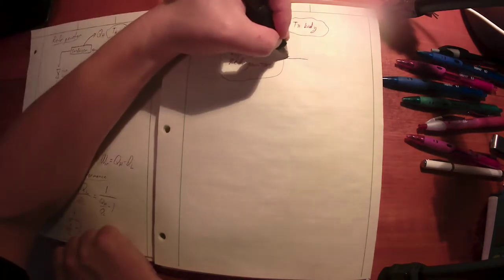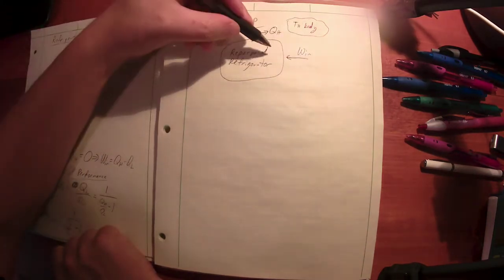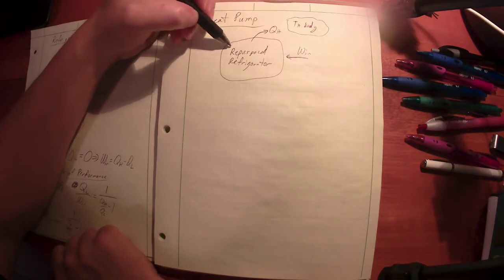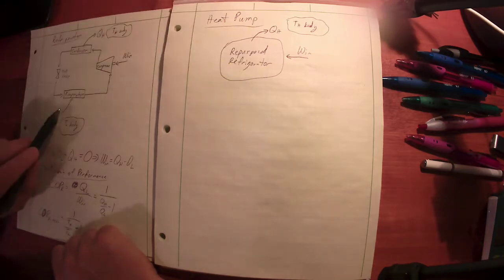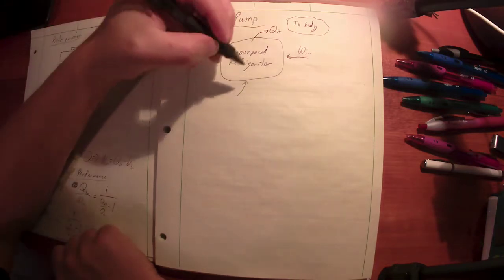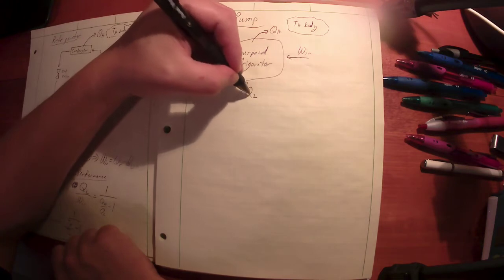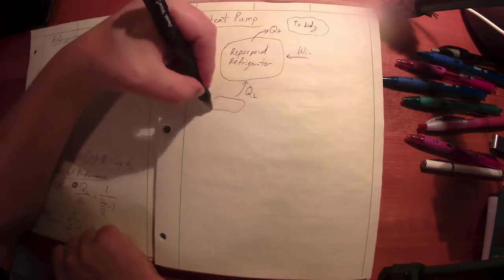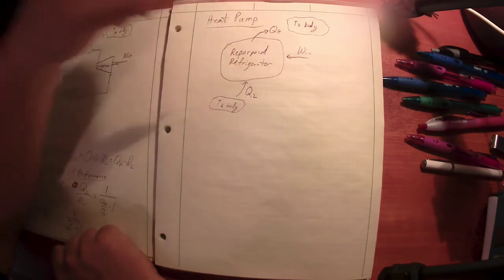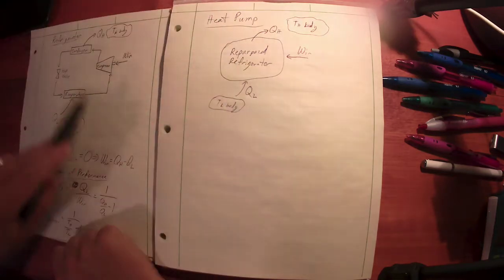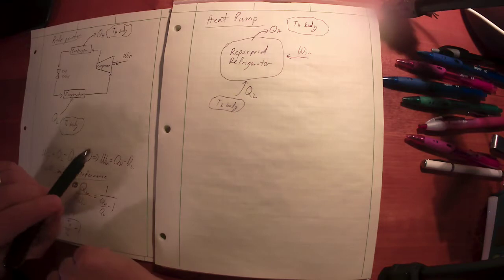And again, to do that, you're going to have to put work into a compressor, and then it's going to go through some kind of expansion process, probably an expansion valve, and then you're going to have heat going into some evaporator coils coming from some kind of low temperature body. So it's the exact same layout device that we see in a refrigerator.